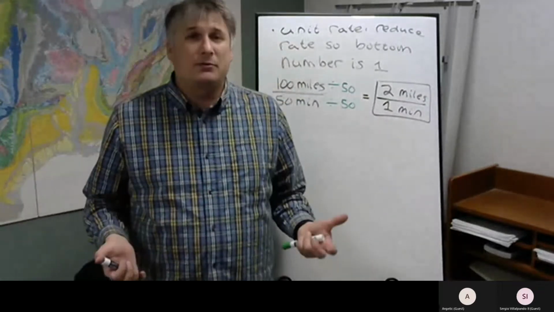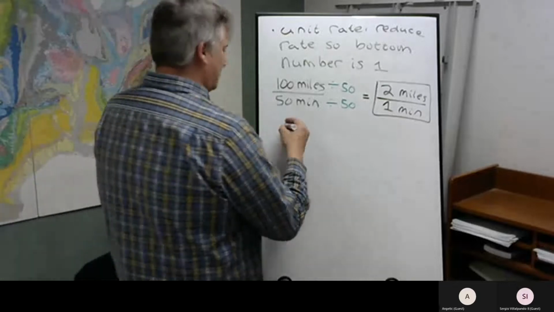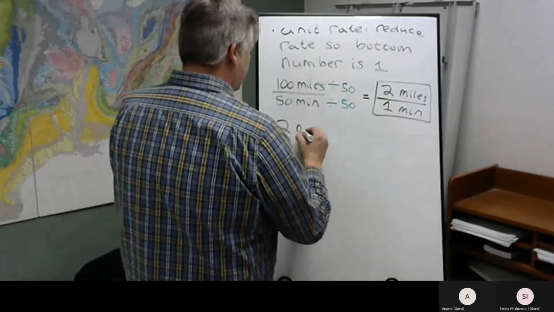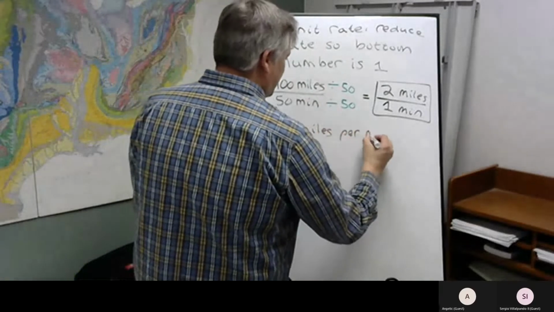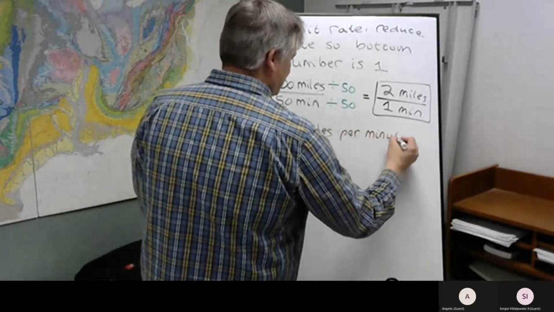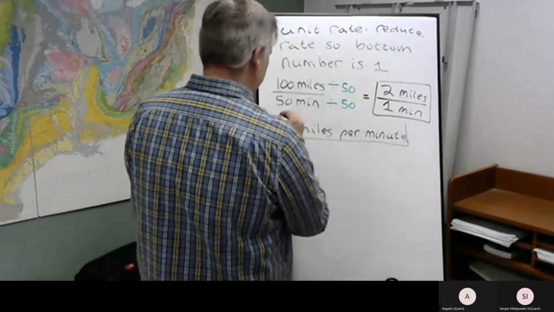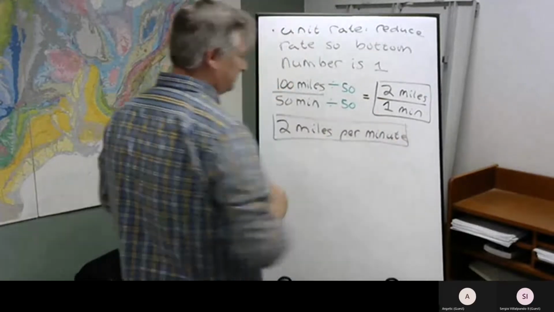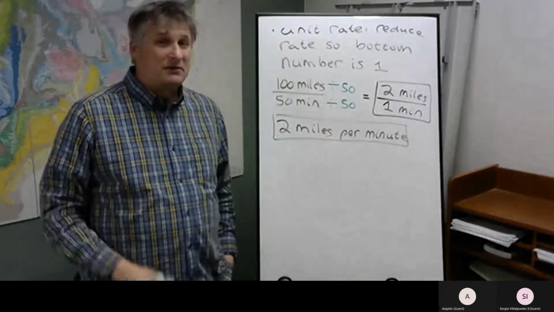Well, that means 50 miles per 1 hour. So in this case, we can call this 2 miles per minute. Questions about that?